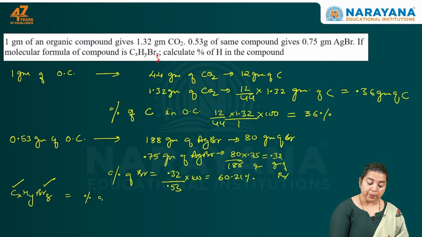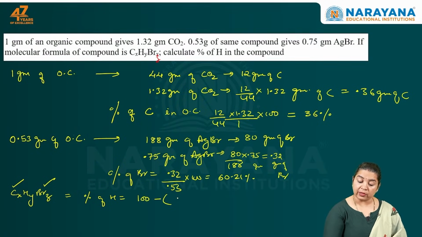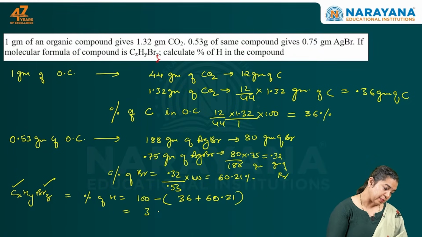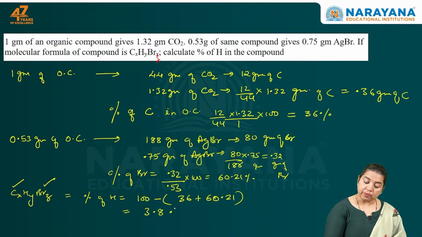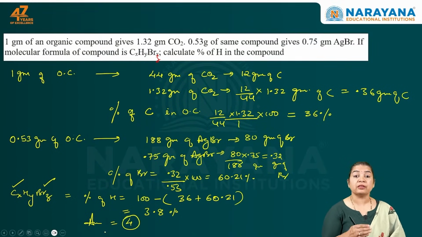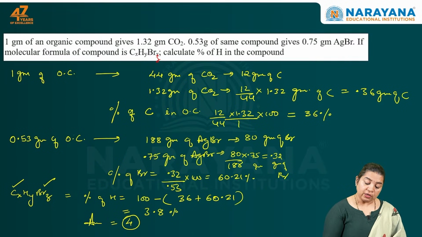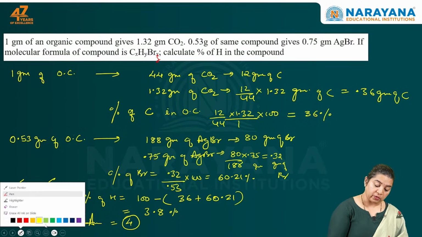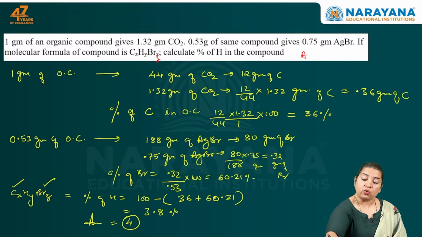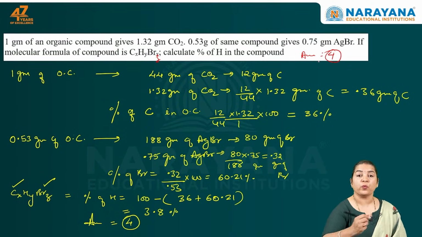So, the percentage of hydrogen is 100 minus (36 plus 60.21). On solving, this comes to somewhere around 3.8 percent of hydrogen, but as you know it is mains, so the answer we will put is 4. We have to put the nearest integer. So, the answer for this question that you will mark in your OMRs will be 4.